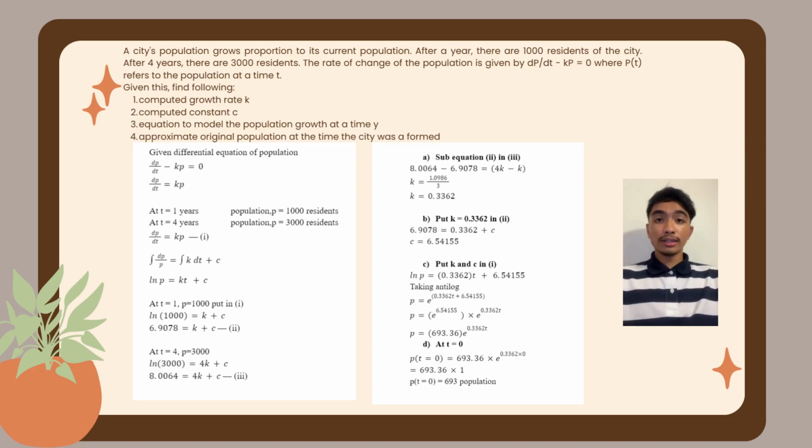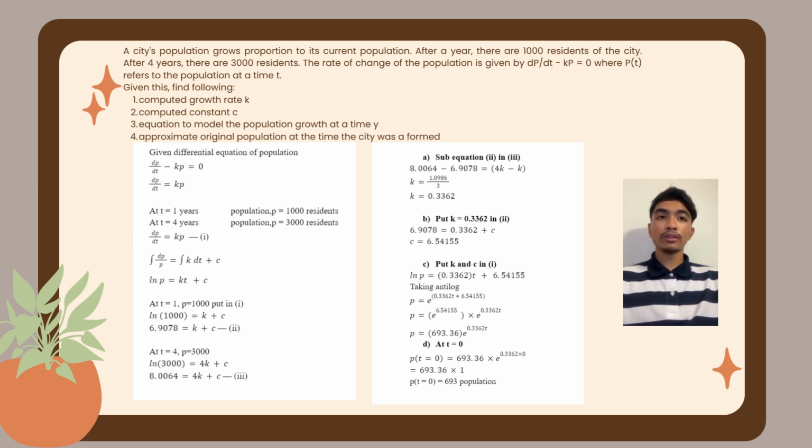Next, an example for the separable equation: a city's population grows proportional to its current population. After a year, there are 1,000 residents in the city. After 4 years, there are 3,000 residents.